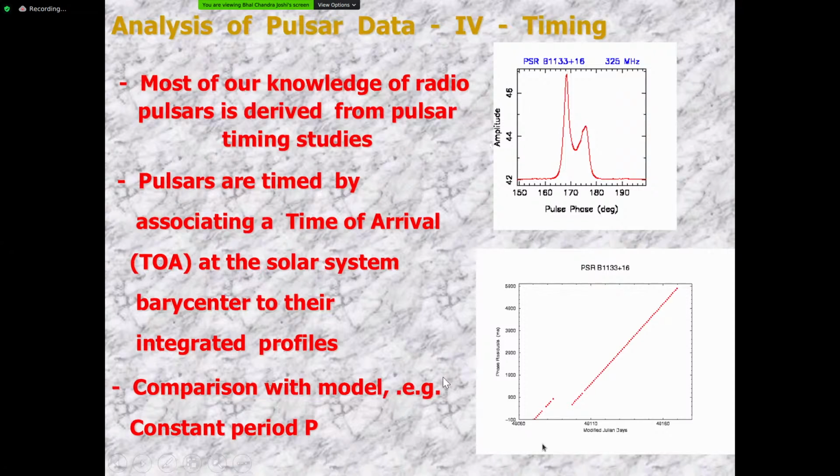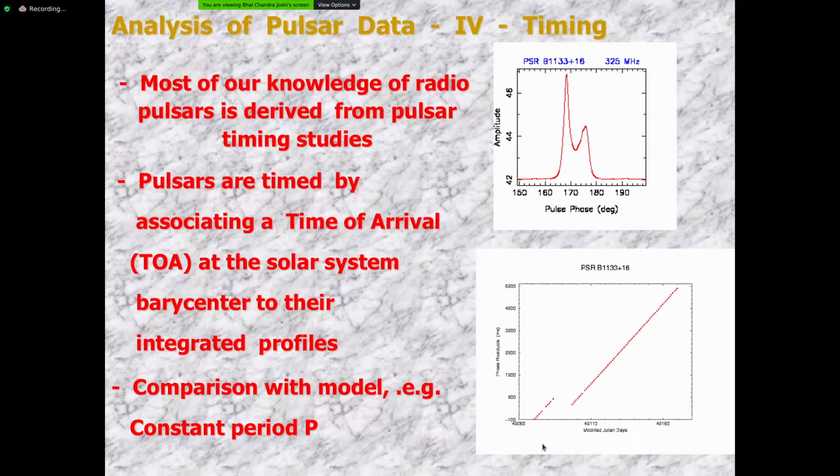The time of arrival you get from the actual observation is called the observed time of arrival. Then, you know that the pulse is emitted by virtue of the rotation of the star, so you make a rotational model of the star. You say that the rotational frequency of the star is omega, and this frequency is changing as omega dot. This is the simplest rotational model of the pulsar.